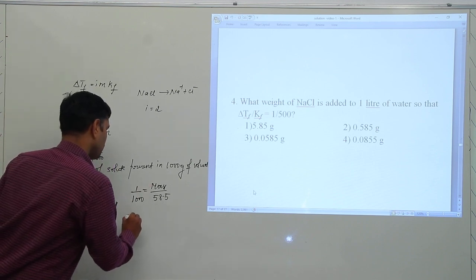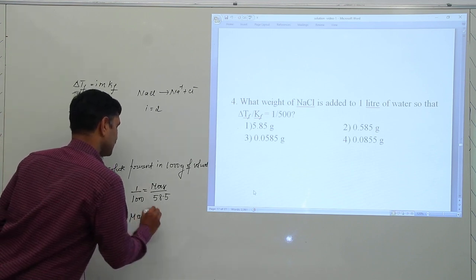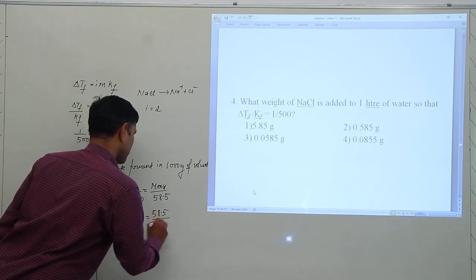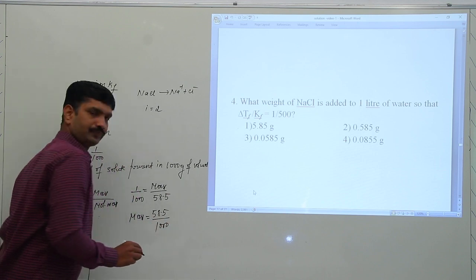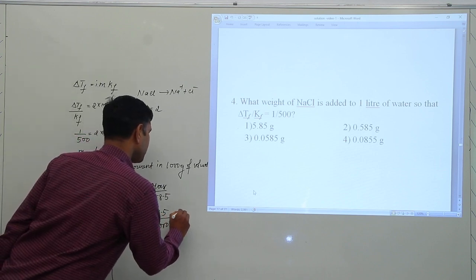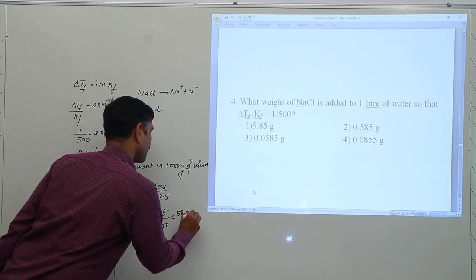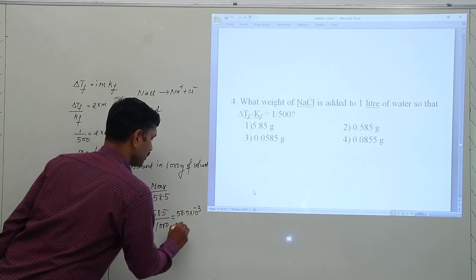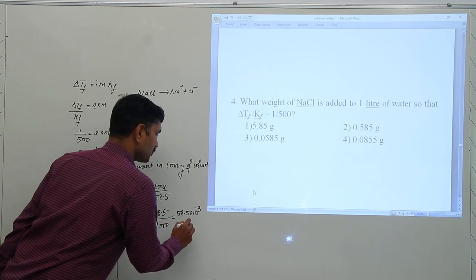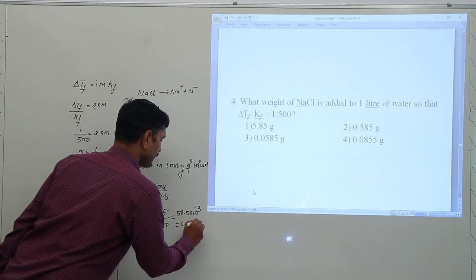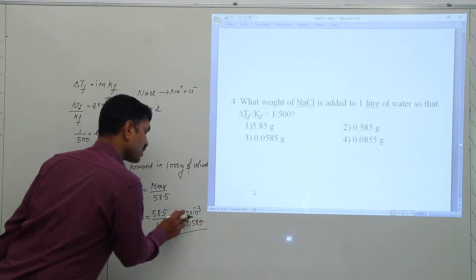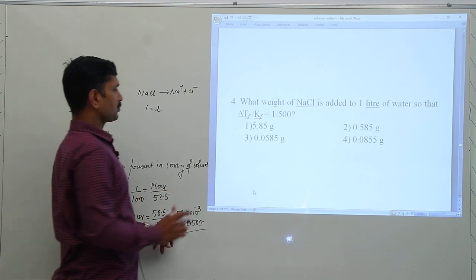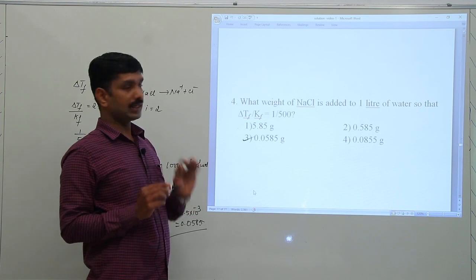So mass is equal to 58.5 divided by 1000, or 58.5 into 10 to the power minus 3, or we can write this as 0.0585. So the third option is correct here.